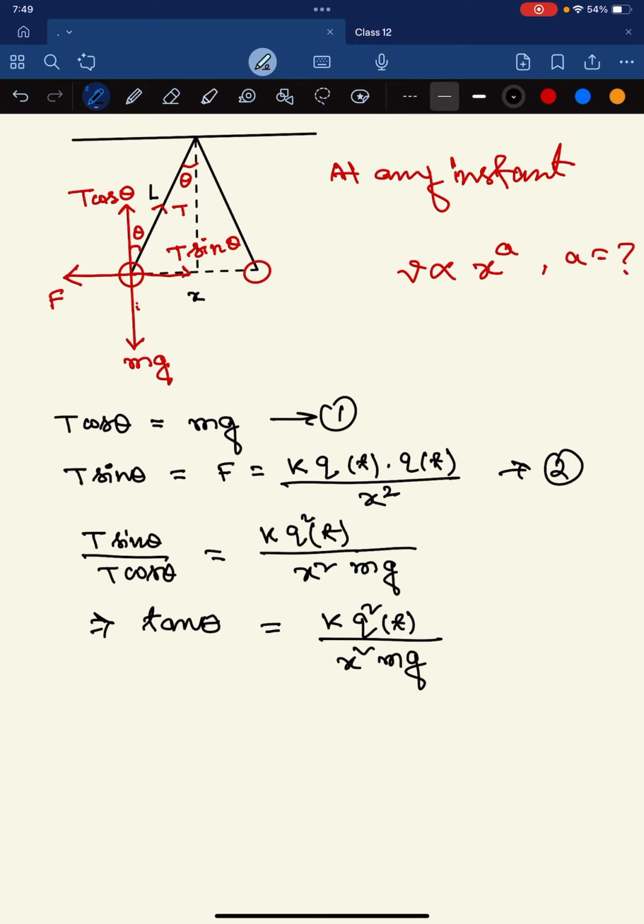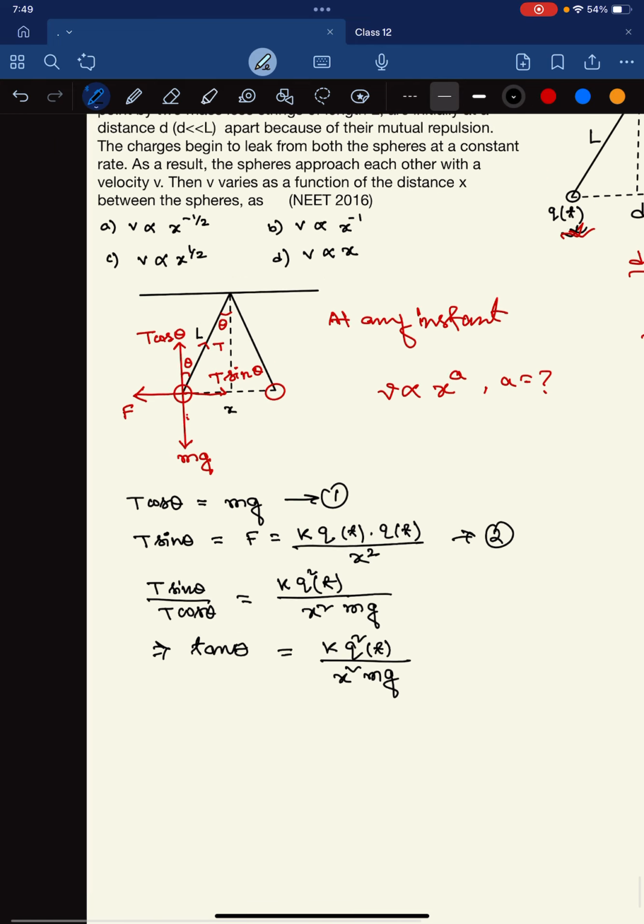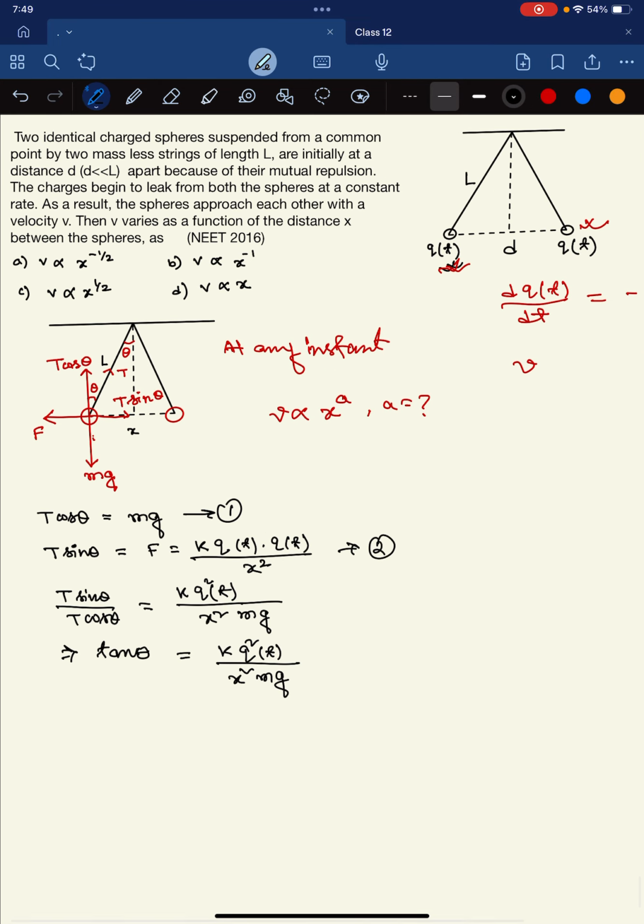Now see, in the question it is given that d is very much less than L. If d is very much less than L, then x is also very much less than L, because x itself is less than d. So what does it mean? It means that theta is very small.